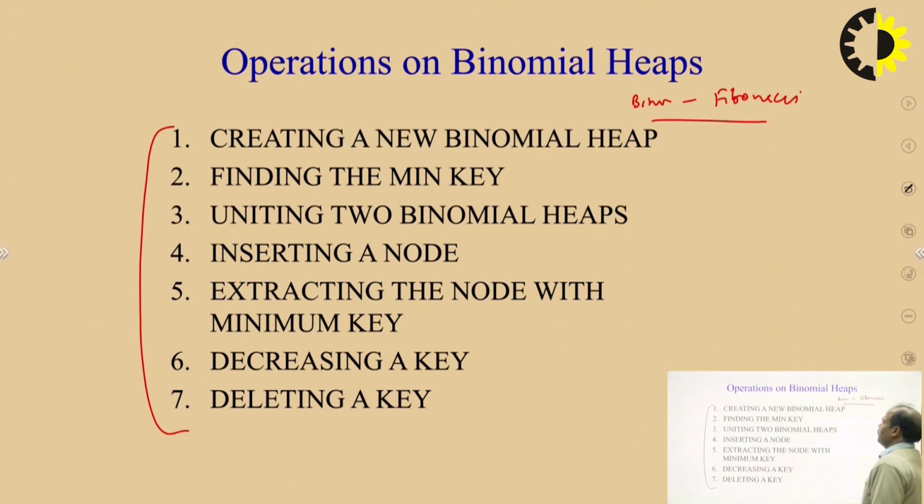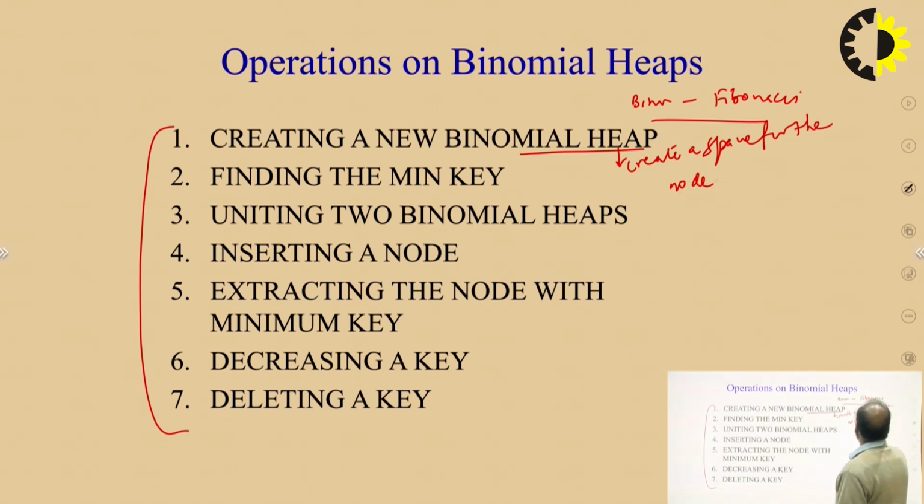Number one, let's talk about creating a new binomial heap. Actually it is not doing anything. It is just creating a space for the node X. How much space will be created?